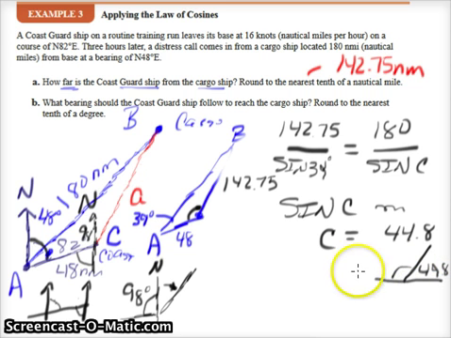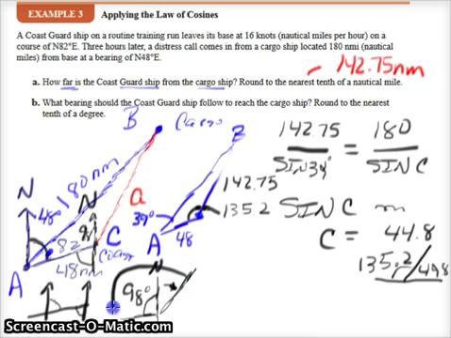This angle over here is going to be 135.2. So now we know that this angle right here is 135.2. Well, we have to subtract the whole angle minus the 98. So 135.2 minus 98 is 37.2.